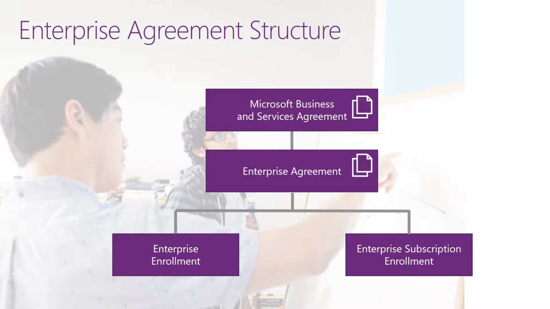Now, in everyday conversation we talk about the Enterprise Agreement, and that's what I did on the previous slide. Strictly speaking, a customer has an Enterprise Enrolment when they want to purchase perpetual licenses for software, and an Enterprise Subscription Enrolment when they want to purchase subscription licenses for software. Since the enrolments are, in fact, very similar to each other, I'll use the term Enterprise Agreement when I want to refer to both of them.